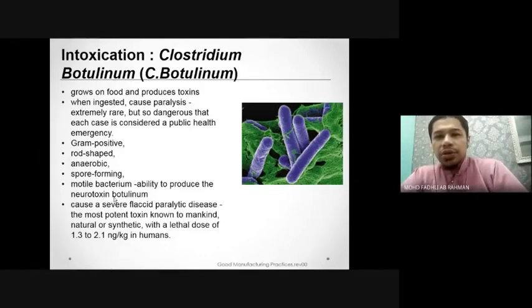It grows on food and produces toxin. When ingested, it can cause paralysis, lumpuh. But it is extremely rare. It's rare, but very dangerous, so each case is considered a public health emergency.